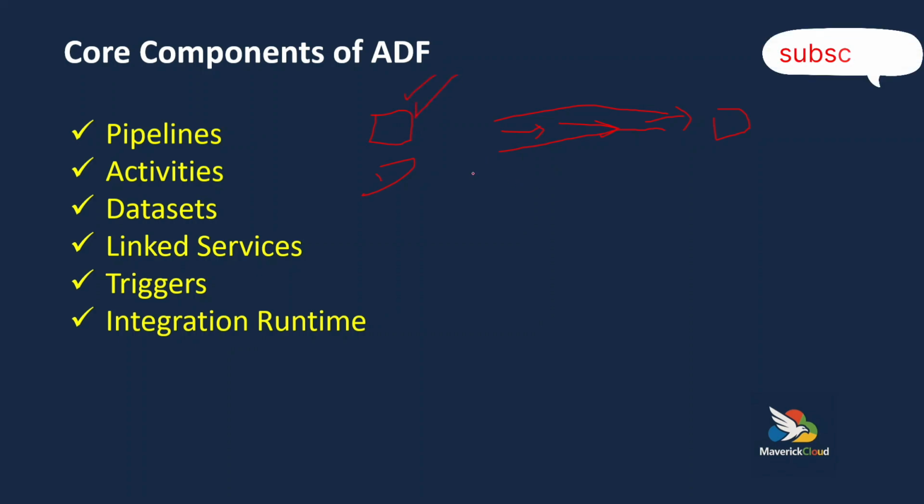We can make these connections via linked services, via integration runtime, and then we will use whatever activity we want. If we want to move our data, we have respective activities for data movement, and we have to make sure of the datasets. I will walk you through all those things in the Azure Data Factory portal.